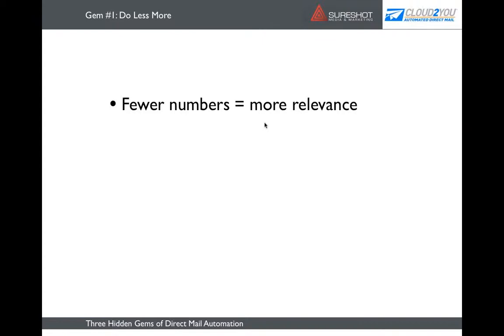And people tend to respond a lot better to something that's relevant because they feel like the sender really knows them. They've taken the time to craft something that's really relevant to me. And that's not junk mail. The only mail I get that's junk mail is stuff that's irrelevant, that I don't like. Everything else I like. So that's one benefit: fewer numbers mean more relevance.